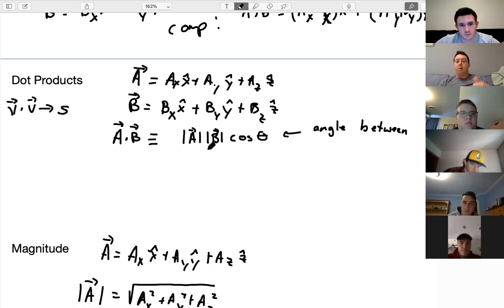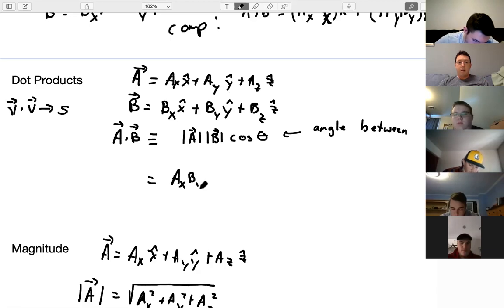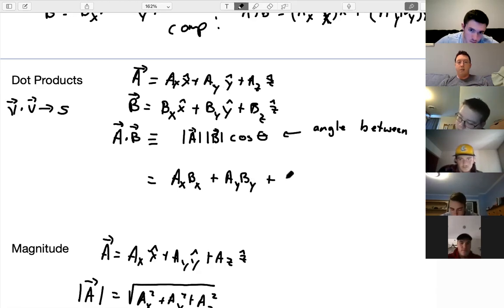Once you use this, you can apply this to unit vectors and work things out in component form. And it means that A dot B also equals AX BX plus AY BY plus AZ BZ.